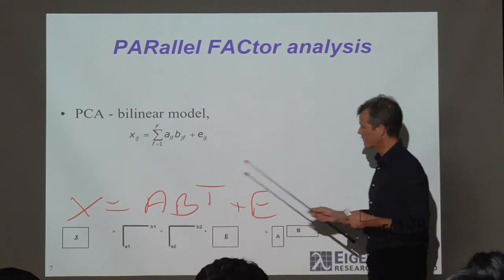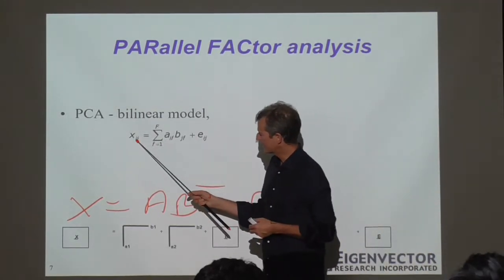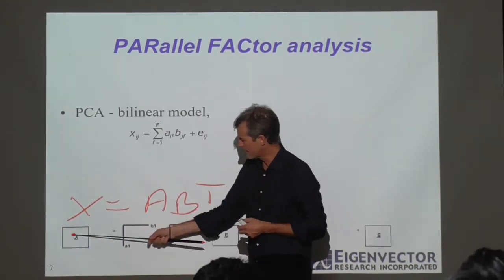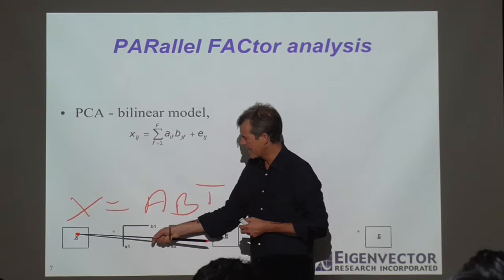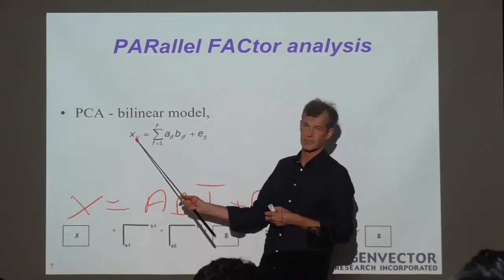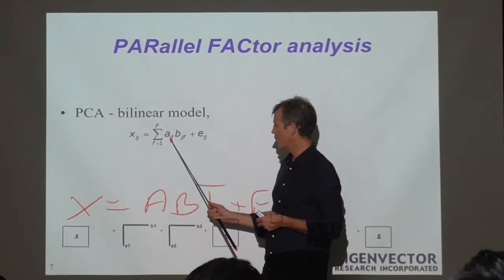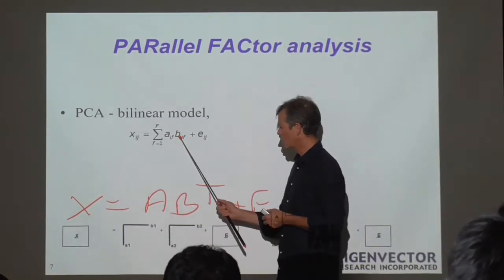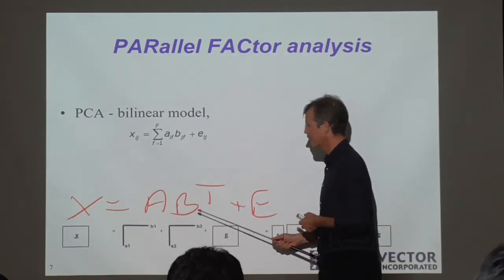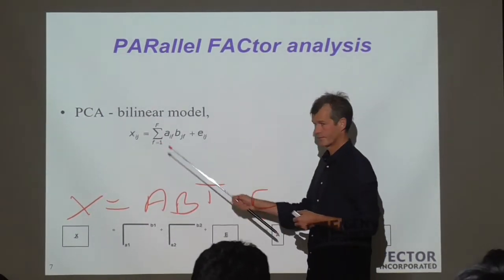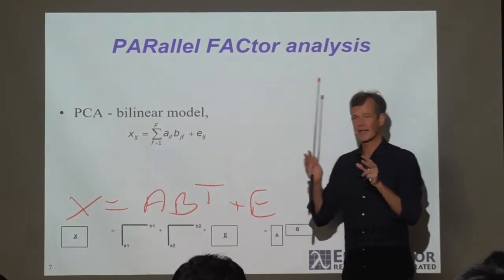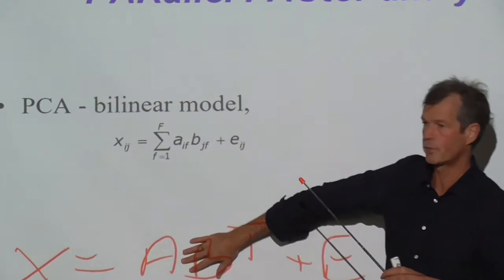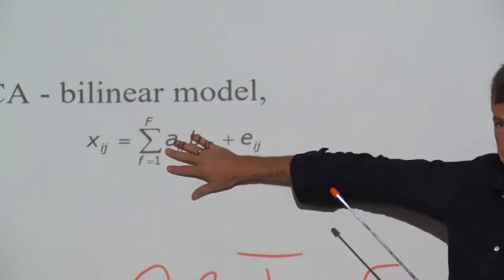But I'll explain what it is. What it says is that this is sample i, variable j. So on sample number i, on variable j, I measured something. This is the absorbance I measured. And that is modeled by the scores of sample i times the loadings of variable j for all components. What you have to accept here is that this is probably the same as this. That's the important message here.